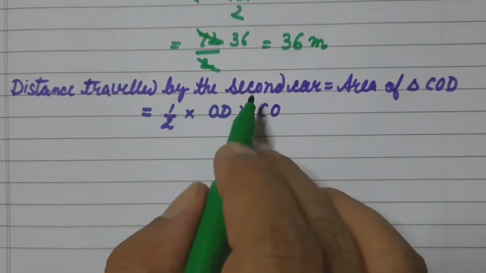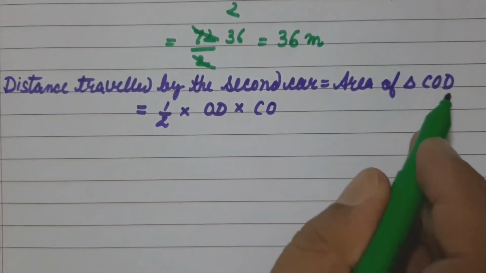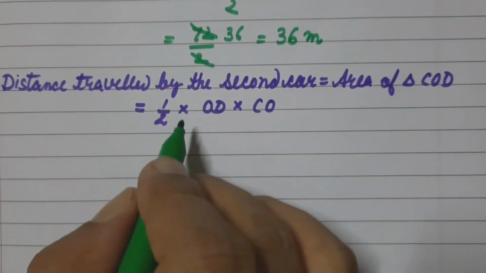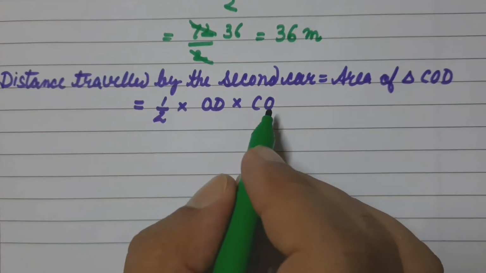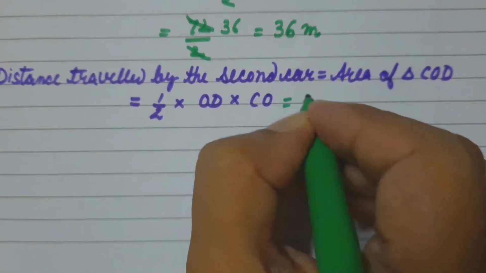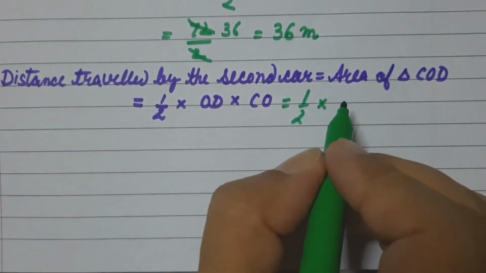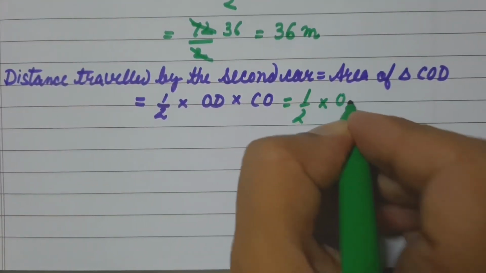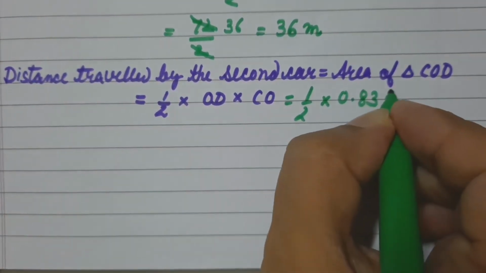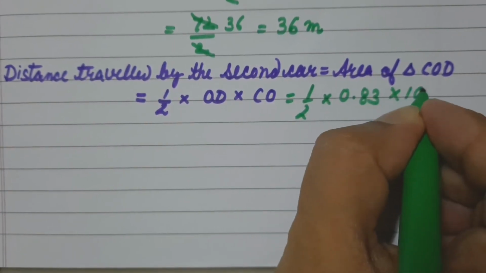Distance traveled by the second car is the area of triangle COD, that is half into OD into CO. Half into OD, that is 0.83 into time 10 seconds.